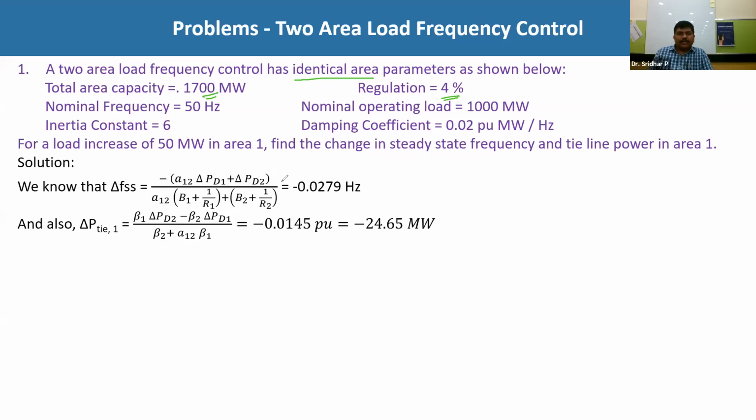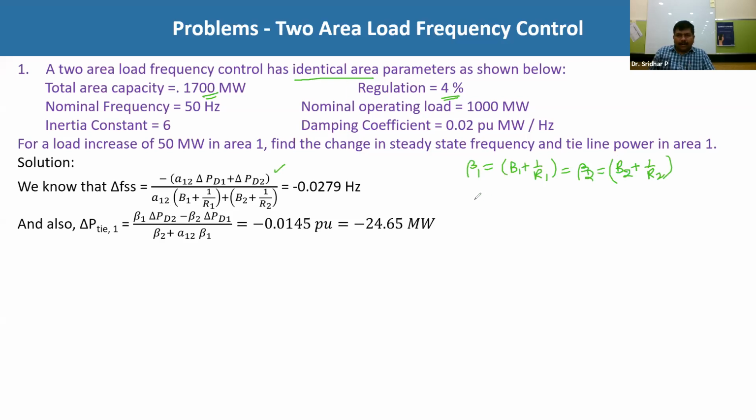Otherwise, this you can further simplify, because this is the fundamental formula and the area parameters are identical. For identical area parameters, beta 1 is equal to B1 plus 1 by R1. And identical in nature means automatically beta 2 is equal to B2 plus 1 by R2.